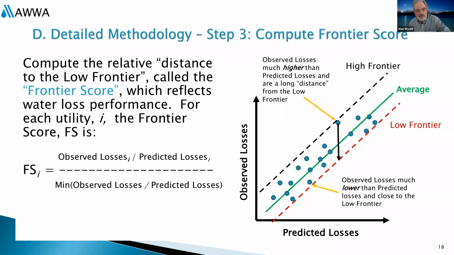Typically the observed over predicted in a poor performer might be 3 or 4 or 5, that much over what they could be doing, whereas for the best performer the frontier score will be 1. The minimum might be where observed is 30% of the predicted, something in that range. So this frontier score gives you a non-dimensional relative distance to the frontier.